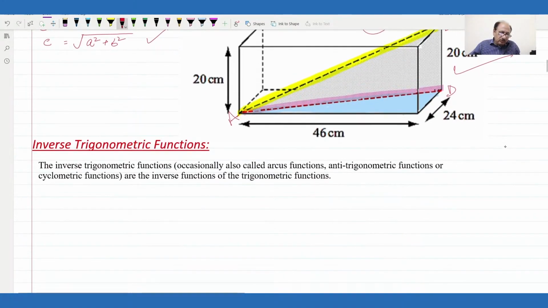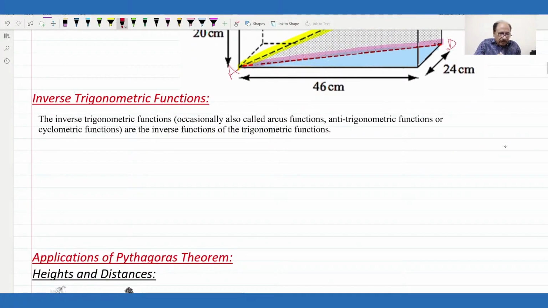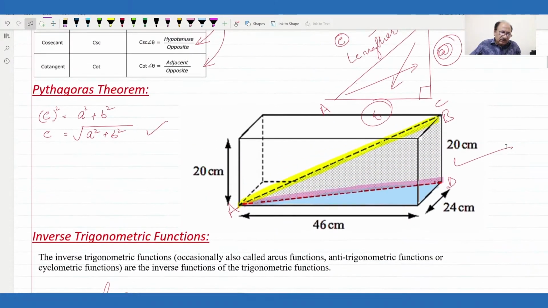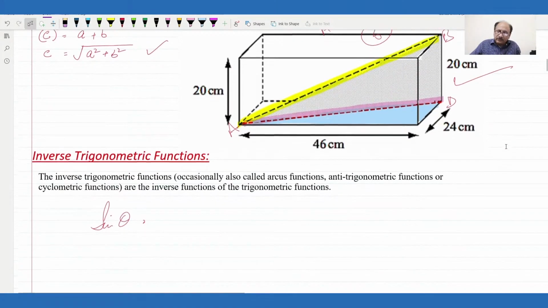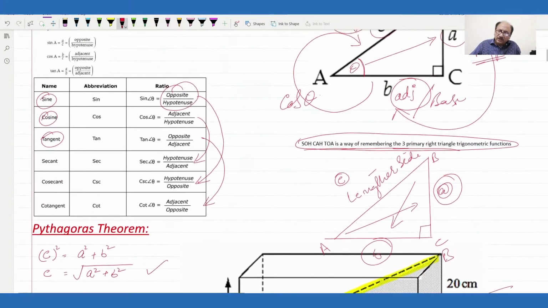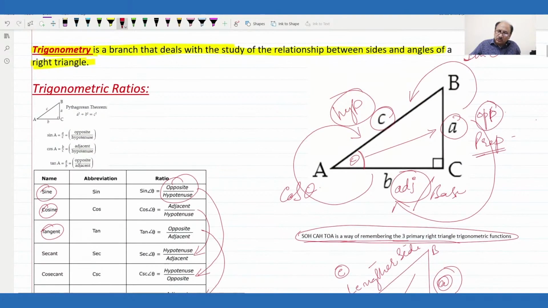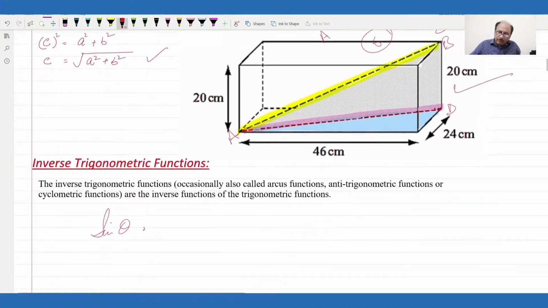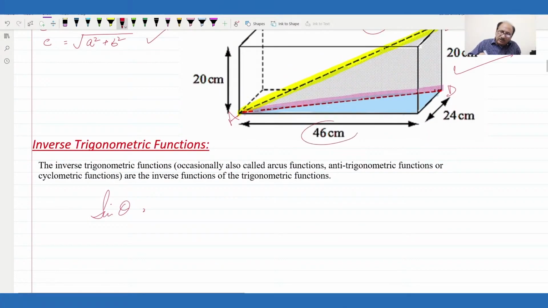Sometimes you will be asked, for example, to find sine theta. Sine theta will be, in this case, A over C, or taking it from this question, sine theta will be opposite over hypotenuse, so 24 over 26.